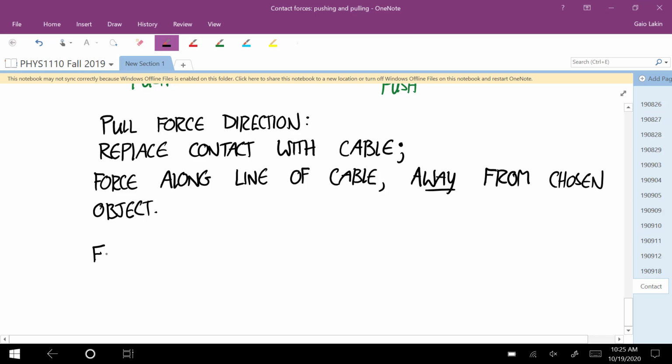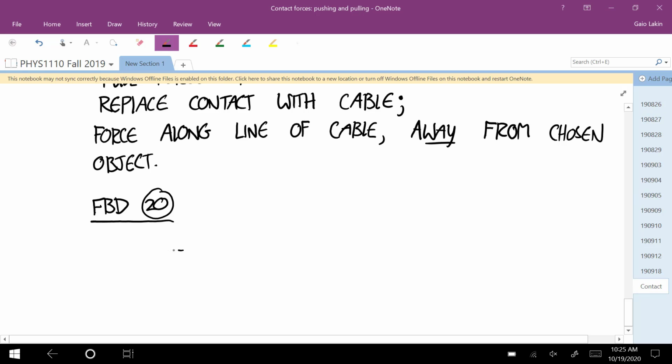So let's start with a free body diagram of the 20 kilogram cart. You have a weight force that's equal to 20 kilograms times 9.81 meters per second squared. That gives you 196.2 newtons down. You have a pushing force from the ground that I'm going to call N20.